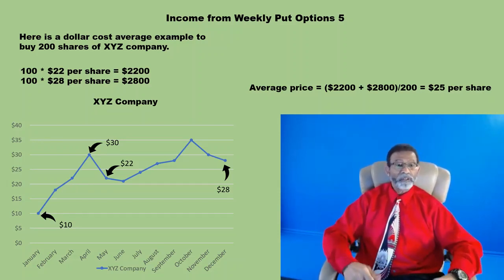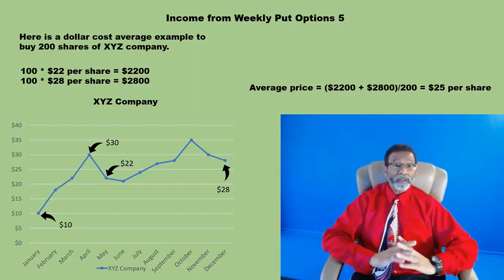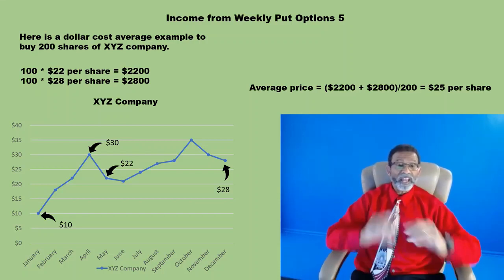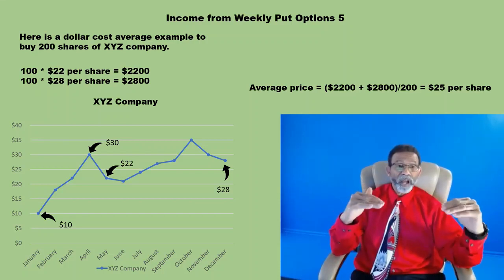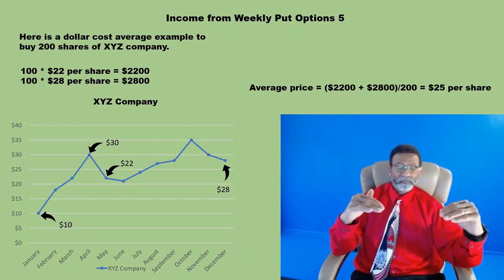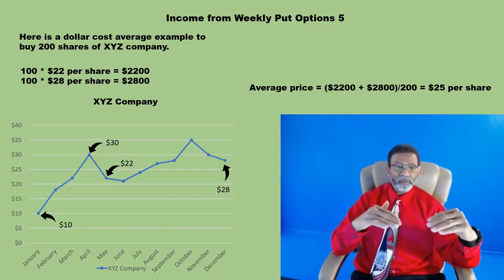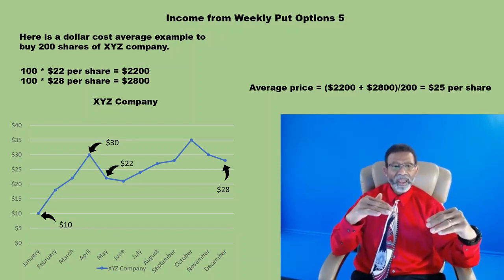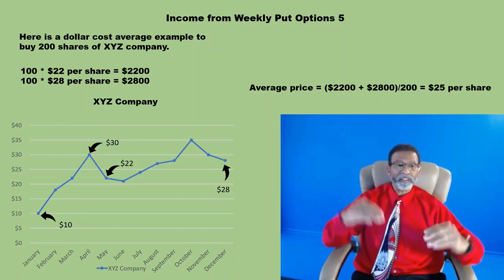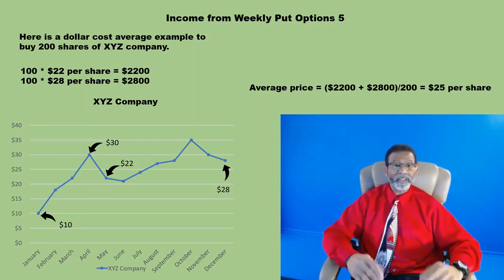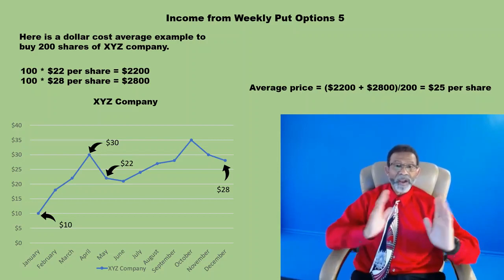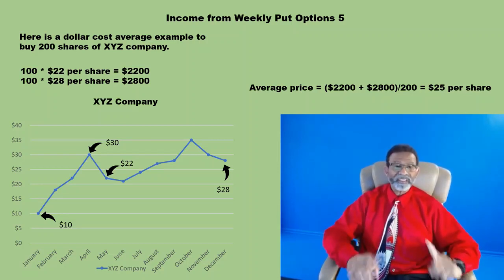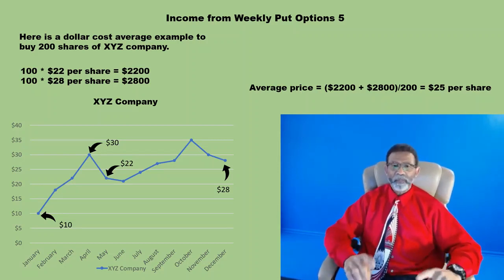For example, the 100 times $22, that's $2,200, if the first put option executes at $22. And let's say the second put option executes at 28, 100 times 28, that's $2,800. And if you add those two instances up, you have an average price.